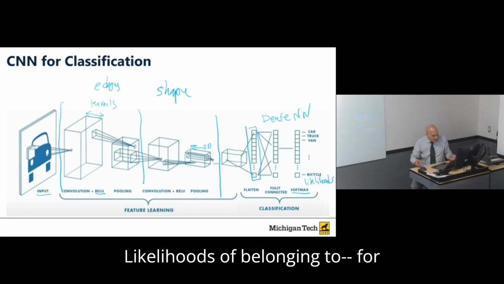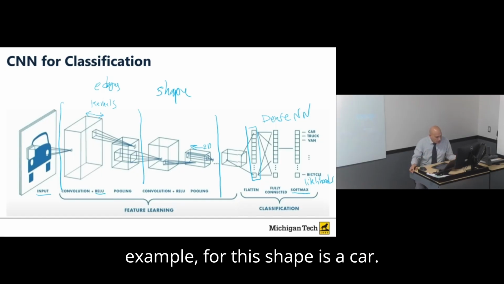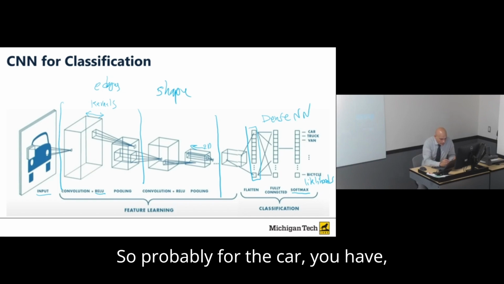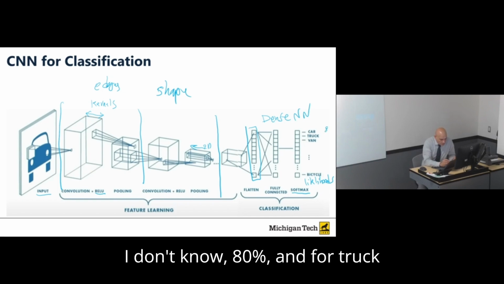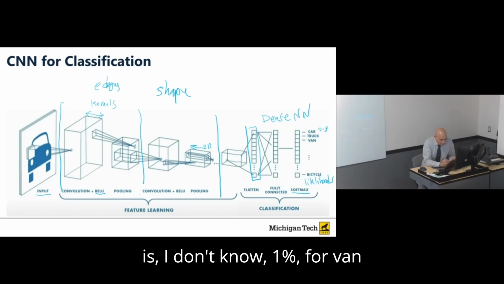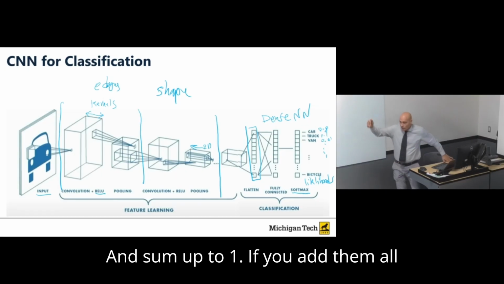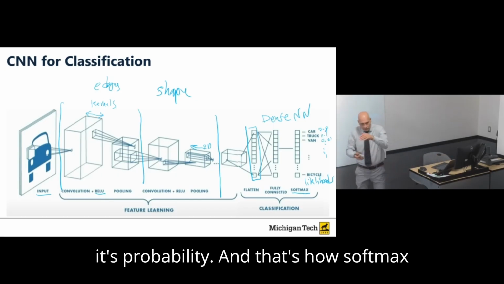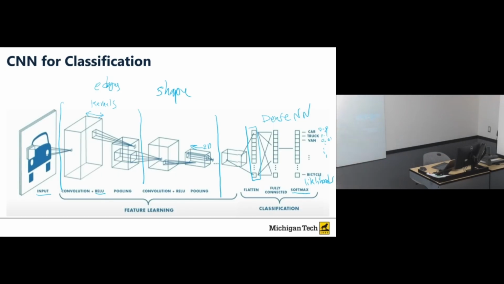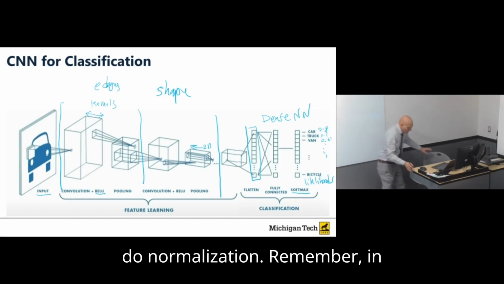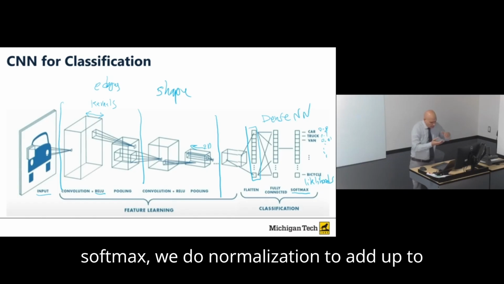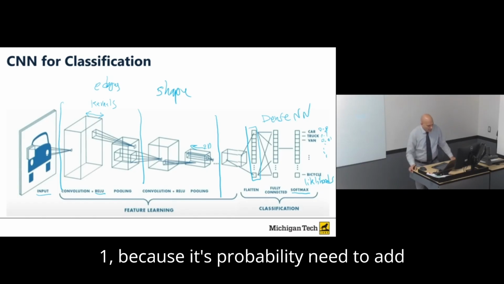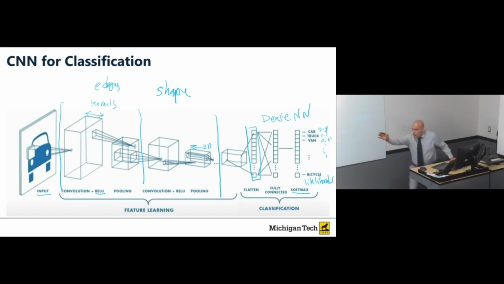For example, if this shape is a car, for the car you might have, I don't know, 80%, for truck 1%, for van less, and they sum up to 1. If you add them all together, it's going to be 1 because it's a probability. That's how softmax does normalization: to add up to 1.